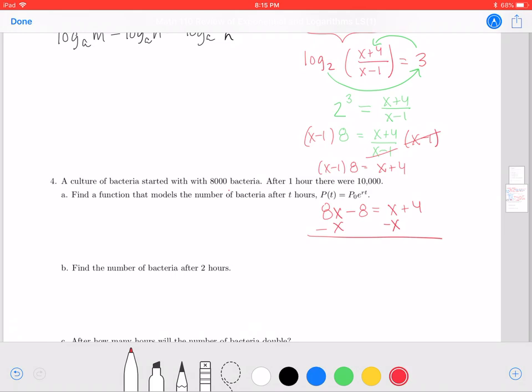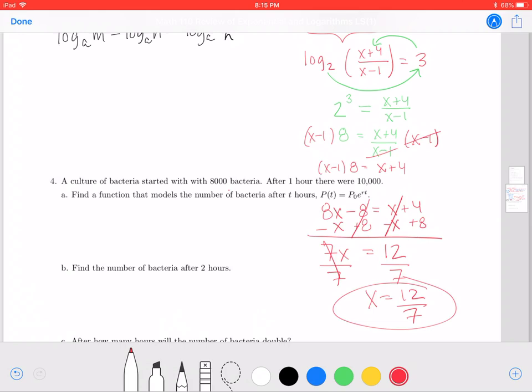So I'm going to subtract the x from the right side, move it to the left. That will give me 7x. And then I'm going to add 8 to both sides to get the 7x by itself, and that gives me 12. The 4 plus 8 is 12 on the right. Divide both sides by 7, and I'm left with x is equal to 12 sevenths.